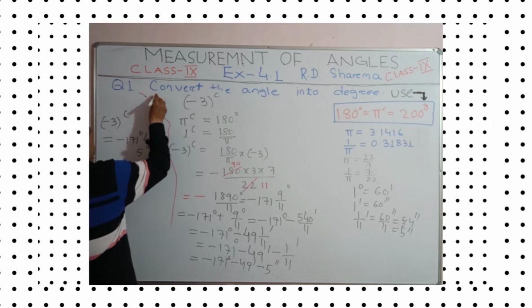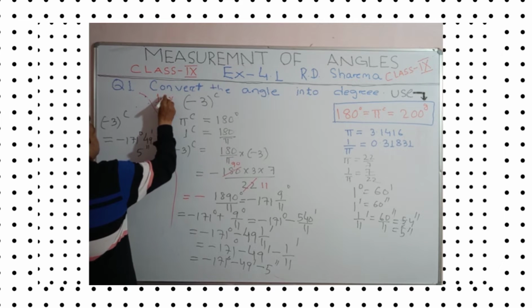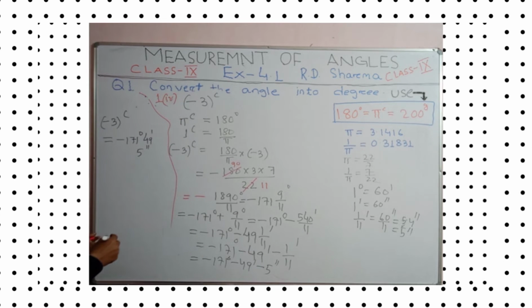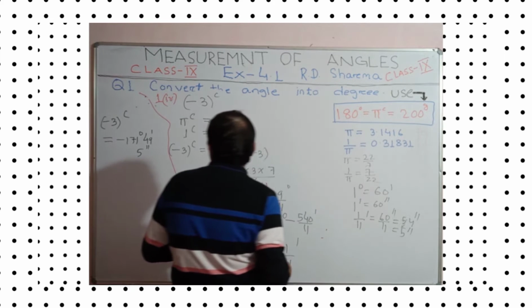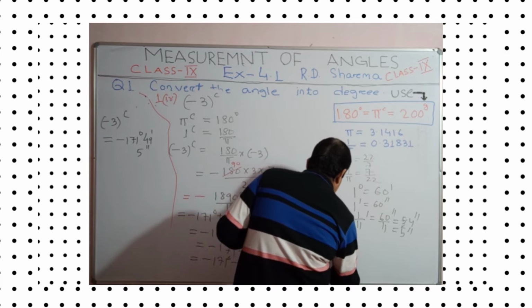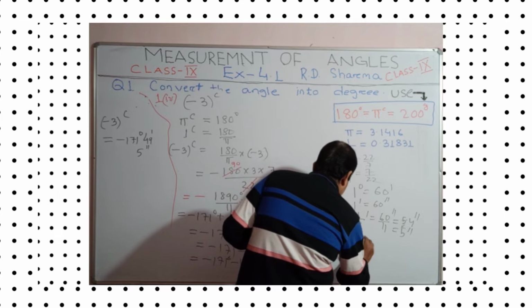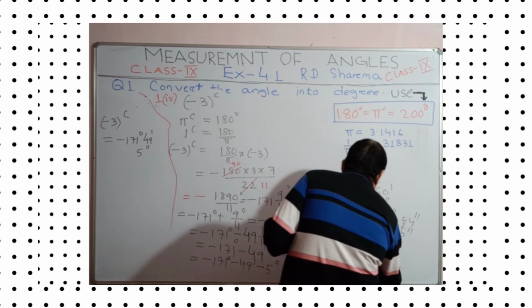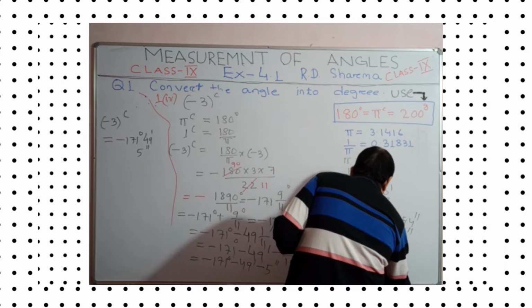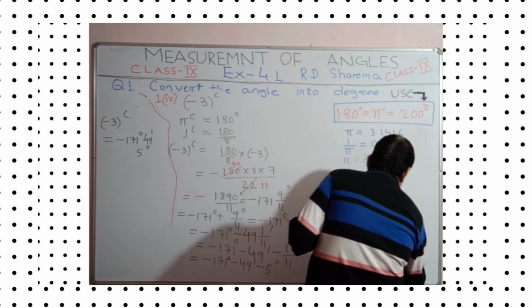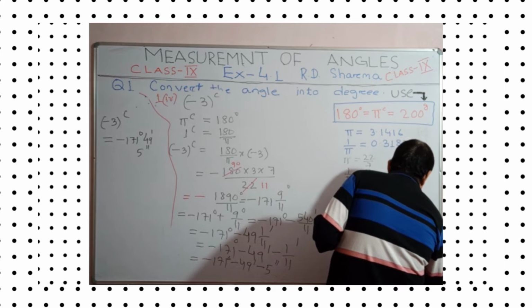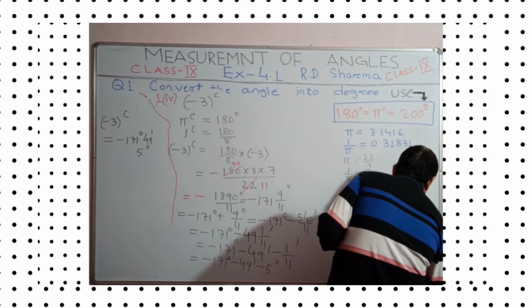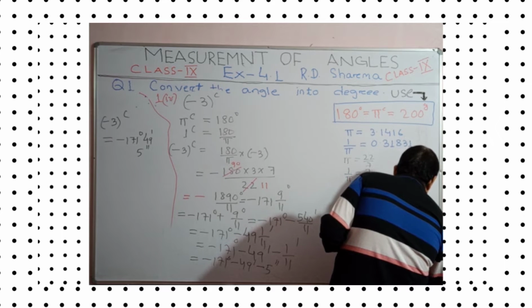Your question number 148. So hence what we got here? Minus 3 radian is equal to minus 171 degree, then 49 minute and 5 second.